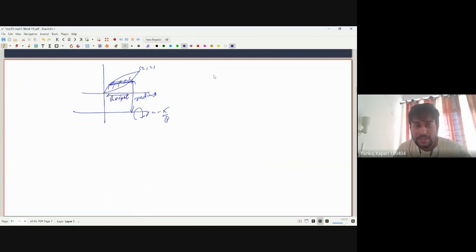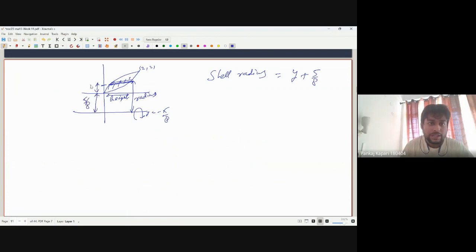Okay, so what is the cell radius? It depends where we are. Let's say we are at a distance of y. So the cell radius is equal to y plus 5 by 8, right? So this distance is 5 by 8, and this distance is y. So this is our cell radius.